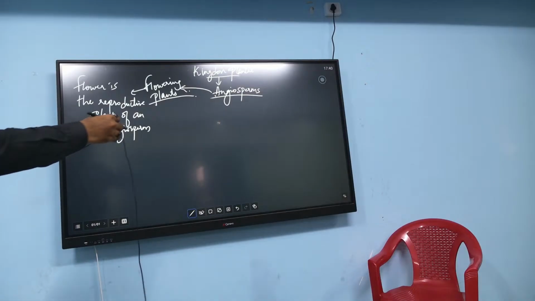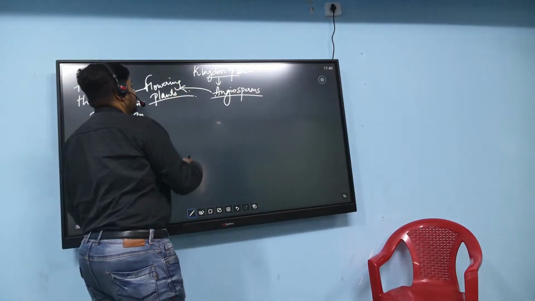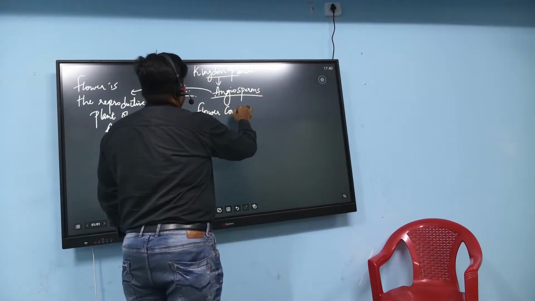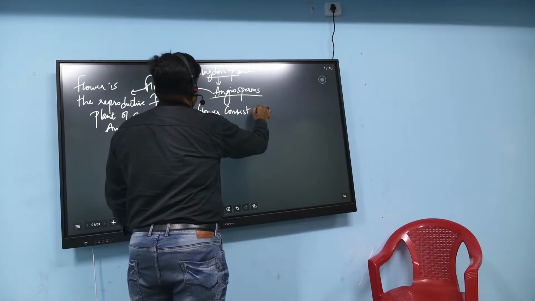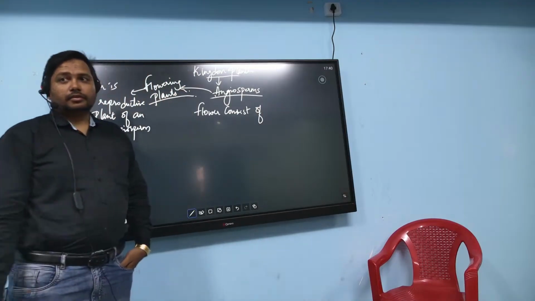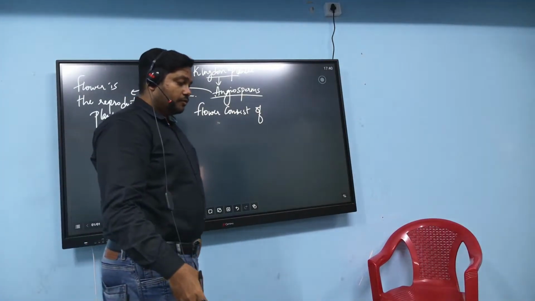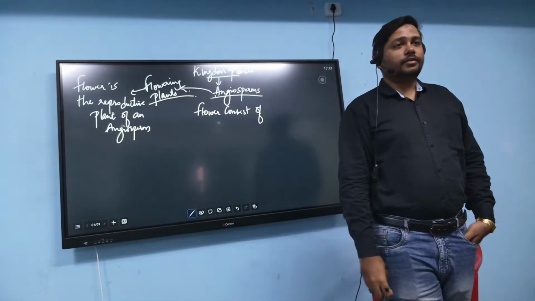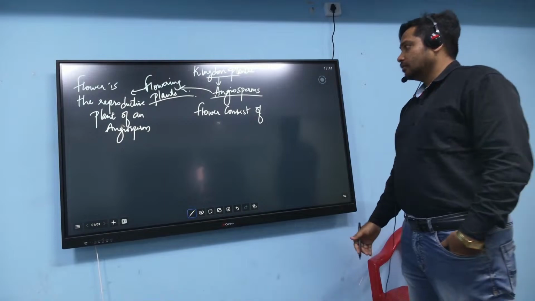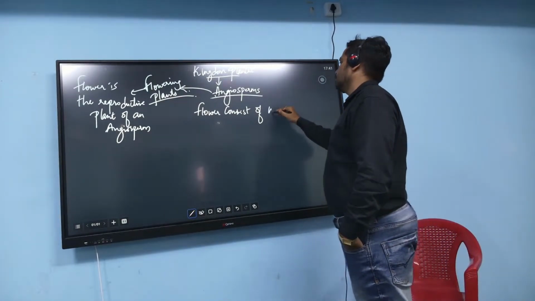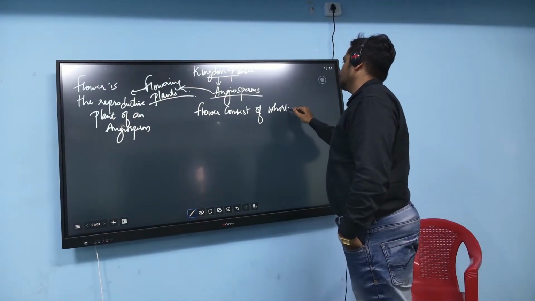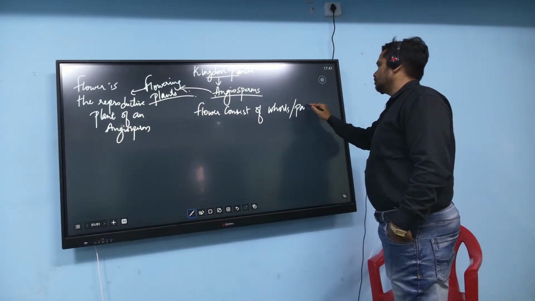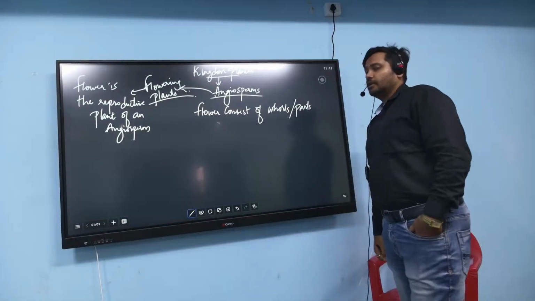So here, when we talk about the flower, it consists of how many parts? Any idea? How many parts are there in a flower? Can you recall? You have studied in first year PUC. How many whorls are the parts of a flower?